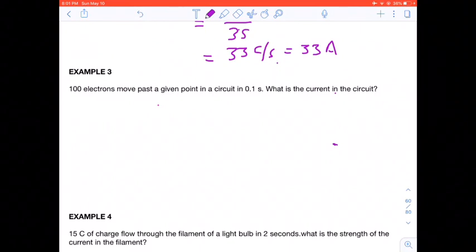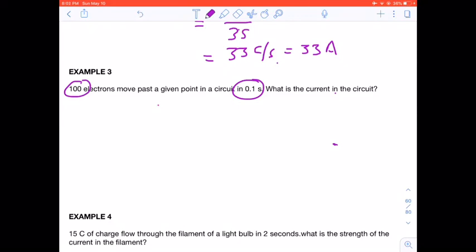Right, now we have, say, 100 electrons that move past a given point in 0,1 seconds. What is the current in the circuit? We know 1 electron has a charge of 1.6 times 10 to the minus 19 coulombs.